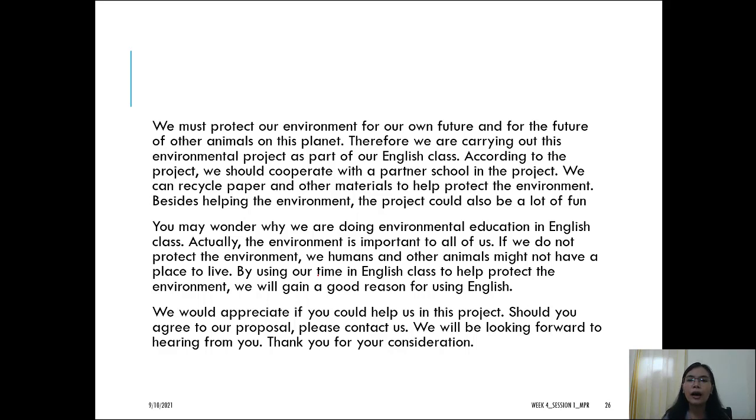So there may be a lot of modalities that you can see over here. Therefore, I want you to look at the modals in this text, identify the function, and then classify the modals based on their functions.